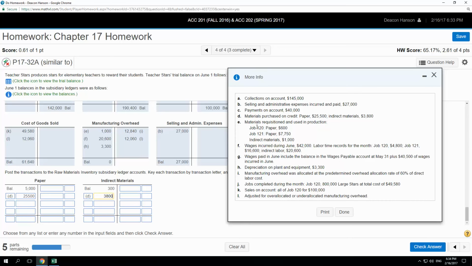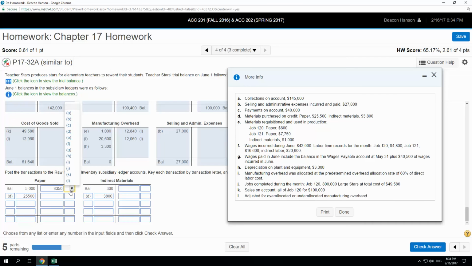And now, materials are requisitioned and used in production. So, direct material is what went straight to the job. So that's the paper. So that's going to be the 600 plus the 7,750. So that's 8,350. It's coming out of paper.